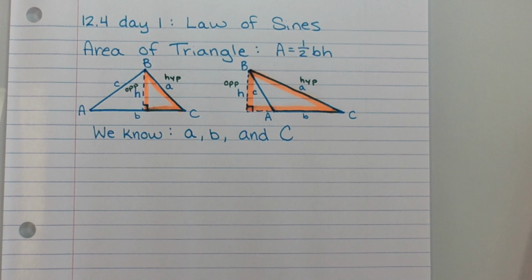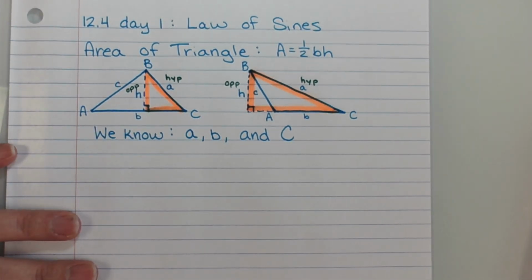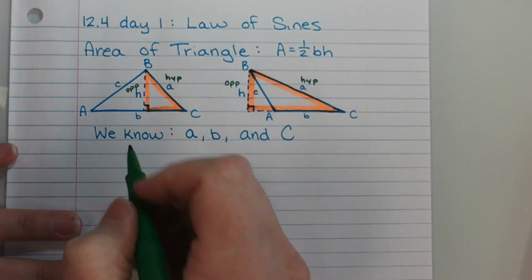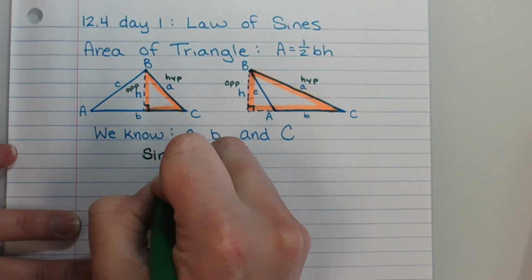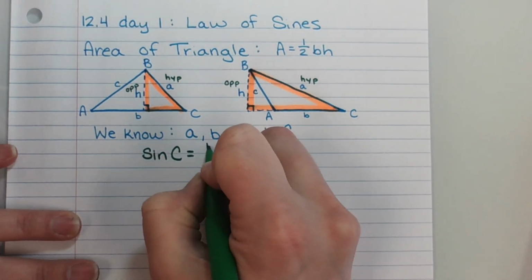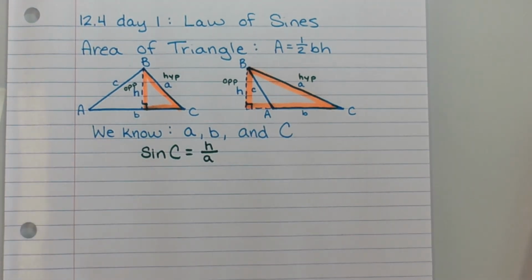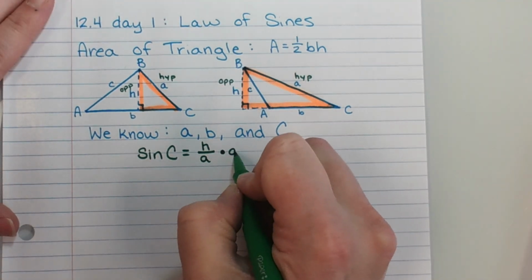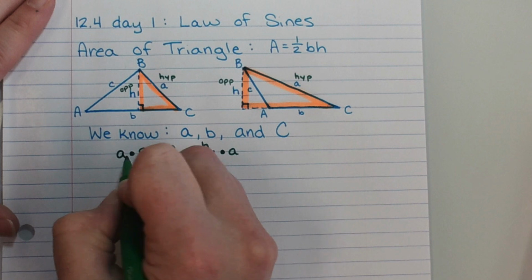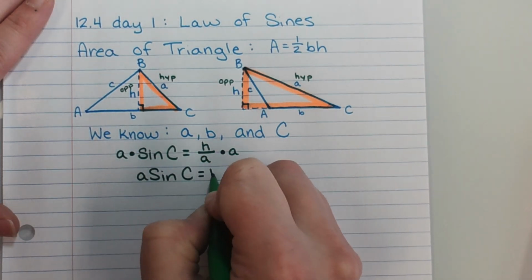Therefore, I can say opposite and hypotenuse is which of our trig ratios? Sine. Or cosecant, but if we're trying to solve, sine. So I know sine of angle C is equal to opposite over hypotenuse. And if I'm trying to solve for h, I multiply by a on both sides. a times sine of angle C is equal to h.